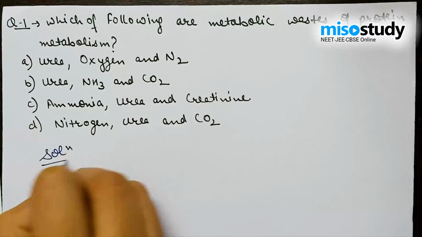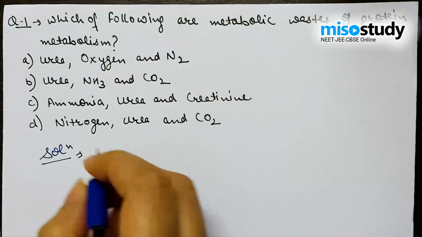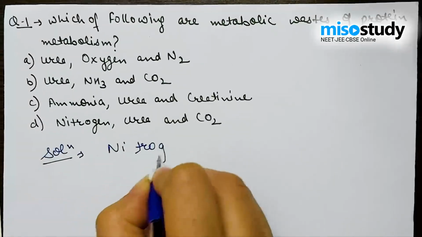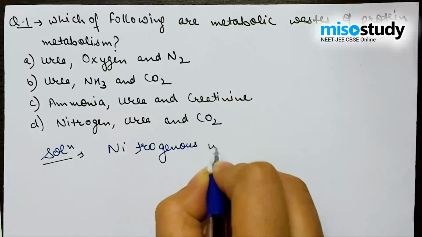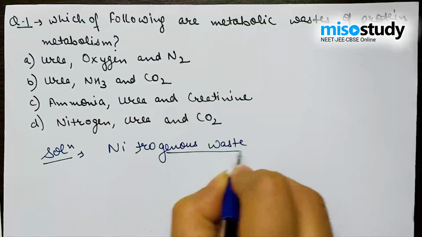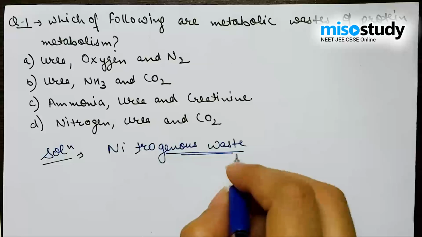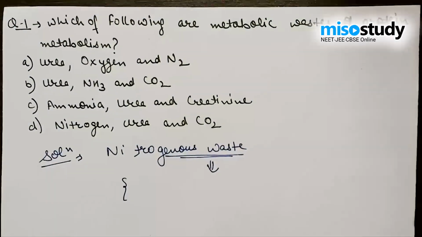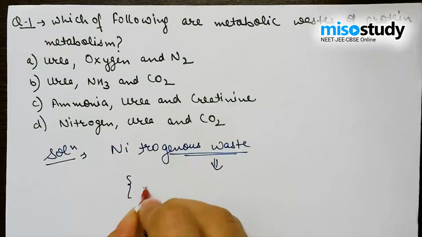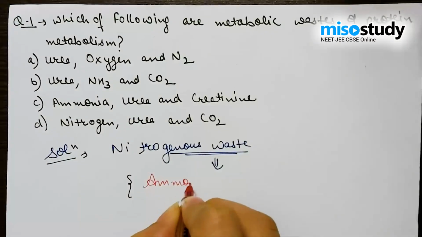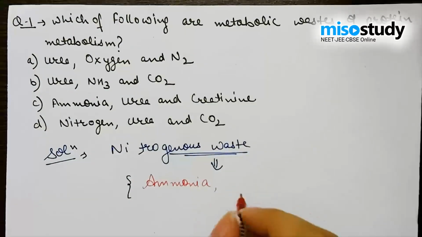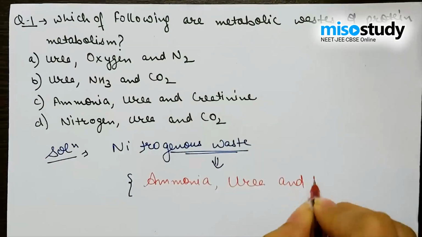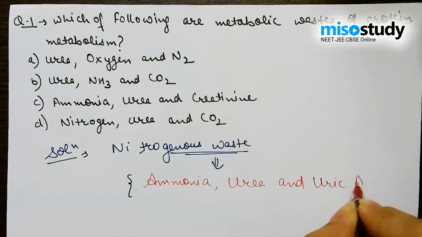When we discuss the question, we all know that nitrogenous wastes generally include ammonia, urea and uric acid.